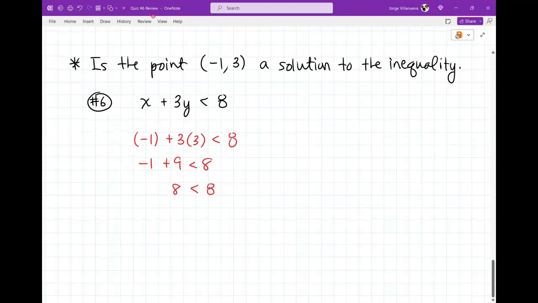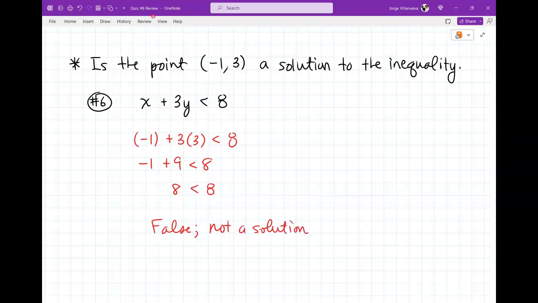That's false. 8 is not less than 8; 8 is equal to 8. If it had been 8 is less than or equal to 8, then yes, true. But this just says less than. So this is false. I'm going to put not a solution. You guys can put false or no. As long as you tell me the main idea, it's not.